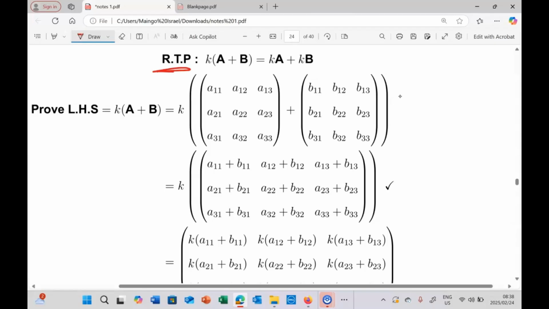We just distribute this scalar to each matrix. So we need to prove the left hand side, which is equal to this, where matrix A is this guy and matrix B is this guy. So that's k times this.